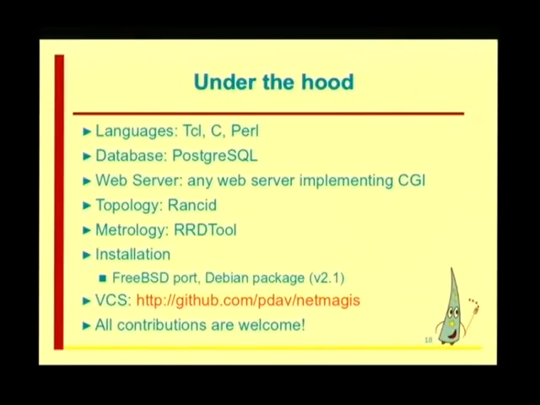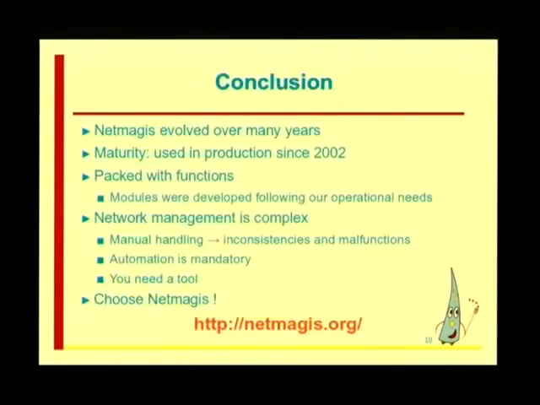For metrology, as I've already said, it's based on RRDtool. And to install netmagis, currently there is a FreeBSD port, and a Debian package is currently in the making. All the code is on GitHub, at the address you see, and we welcome all contributions to our project.